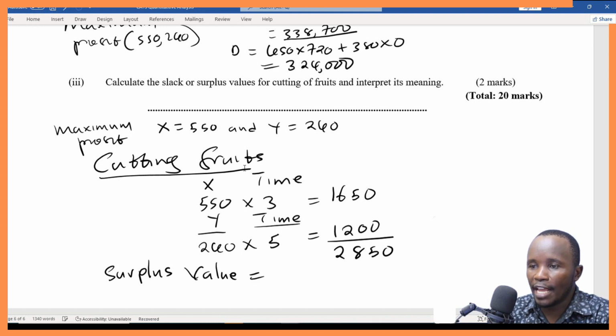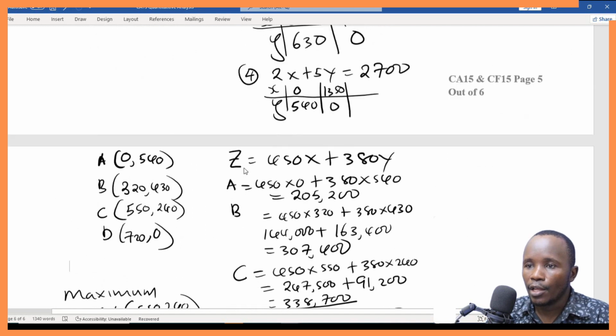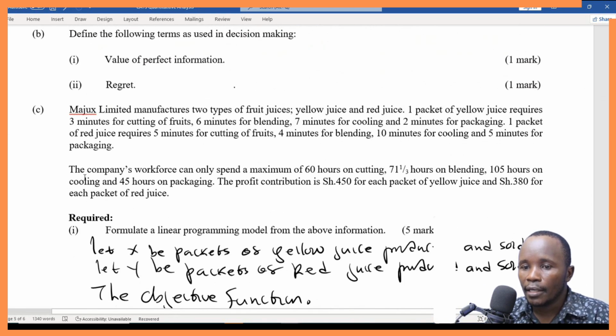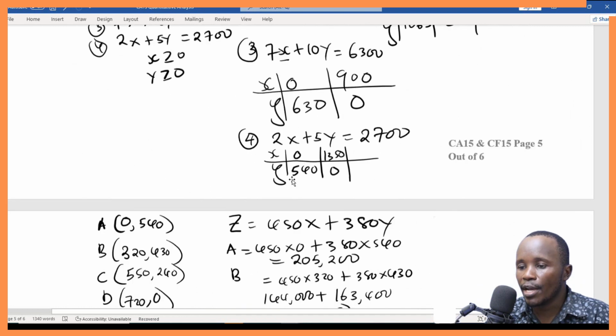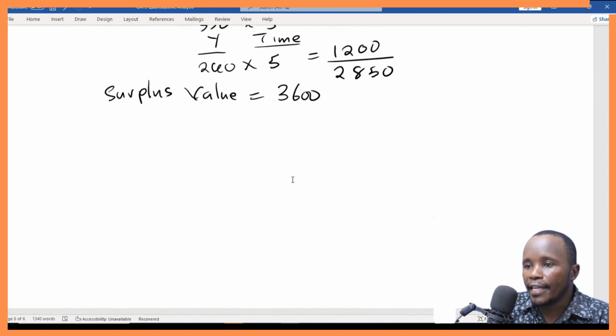So for the slack or surplus value, the total time that was allocated here was 3,600. Why am I saying 3,600? From the question you are told that the company workforce can only spend a maximum of 60 hours. So 60 hours into minutes is 3,600. The time that was used is 2,850.